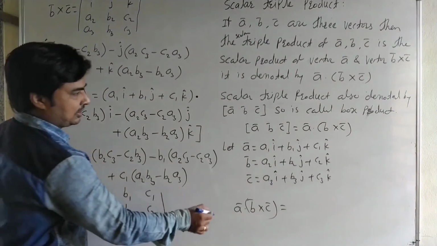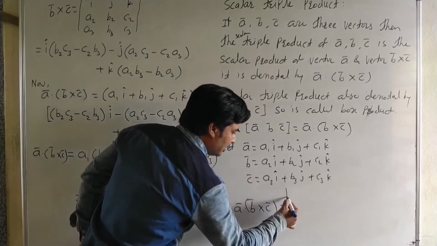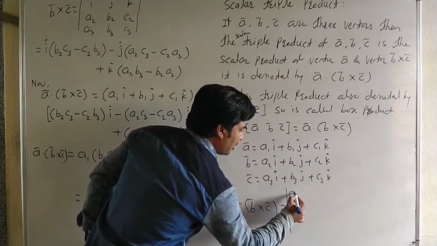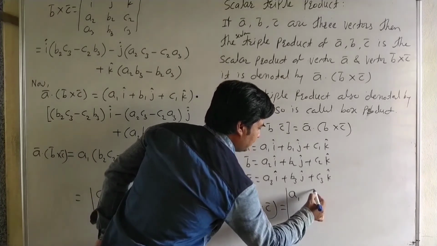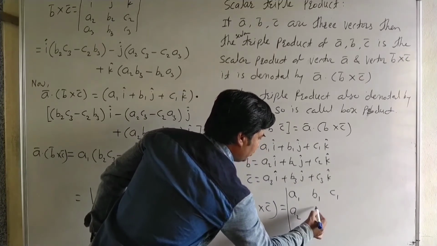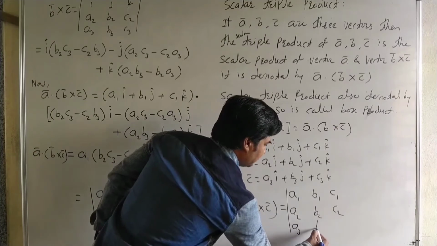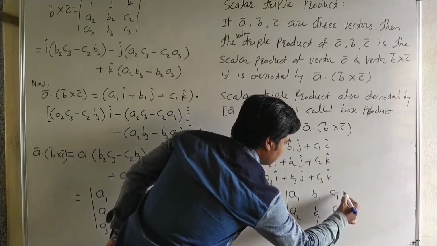That means when given three vectors, then their triple product is the determinant of components of first vector A1, B1 and C1, A2, B2 and C2, A3, B3 and C3.